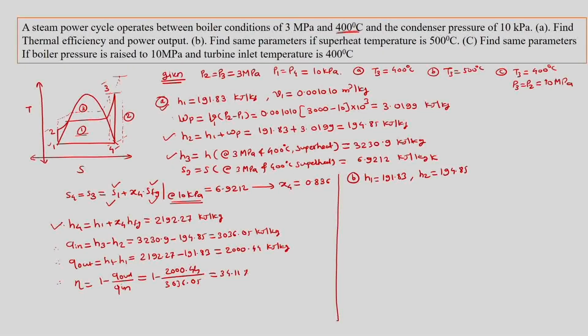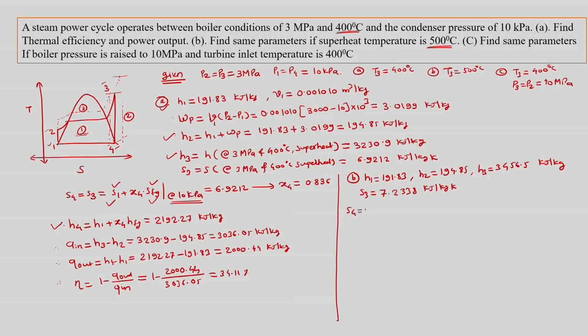We have to go back into the steam table, see the superheated part corresponding to 3 megapascal, and previously we had seen for 400, but now we have to see for 500 degrees Celsius. We mention H3 as 3456.5 kilojoule per kg. Similarly, S3 will be 7.2338 kilojoule per kg Kelvin.